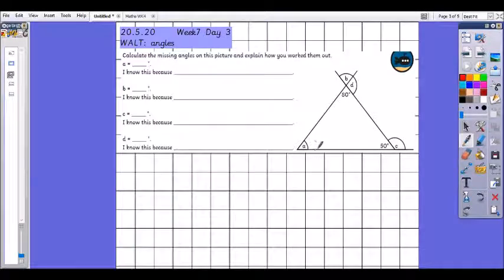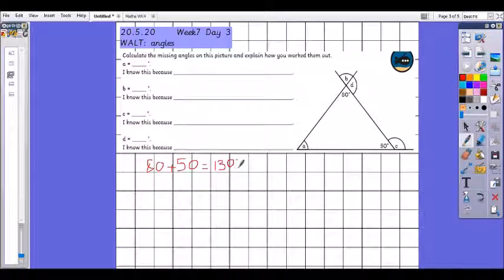To work out A, what we need to do is 180, which is the total angles, take away 80, then take away 50, and that would give us A. To make my working out easier, I'm going to first add up 80 and 50. I know that 8 add 5 is 13, therefore 80 add 50 is going to be 130.